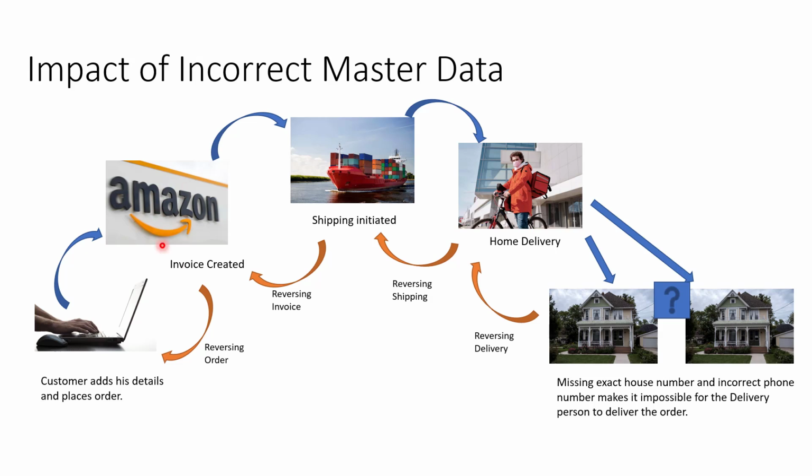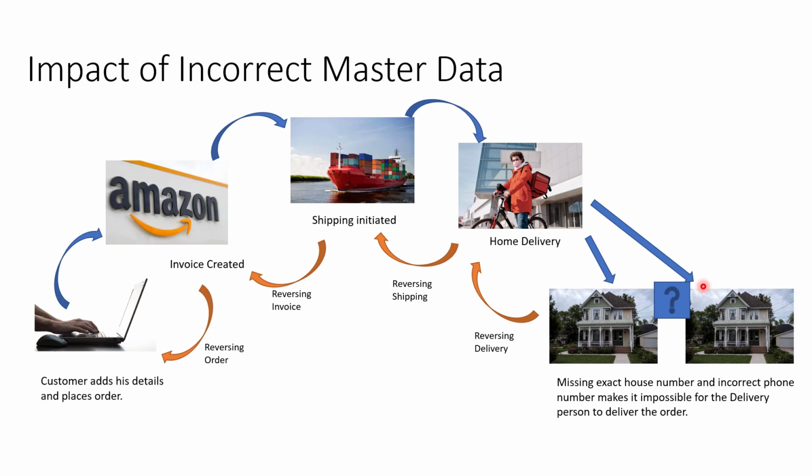An invoice will be created in your name, a bill will be sent to you. The shipping will be initiated, and then a home delivery guy picks up from the shipping company and tries to deliver to your house. But then he sees that it's not a unique house.